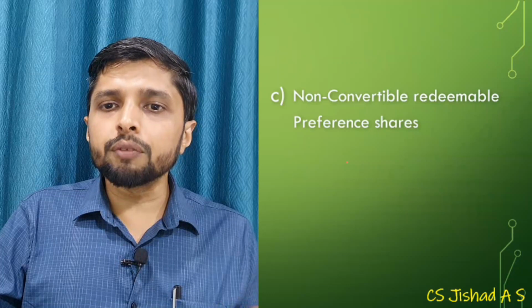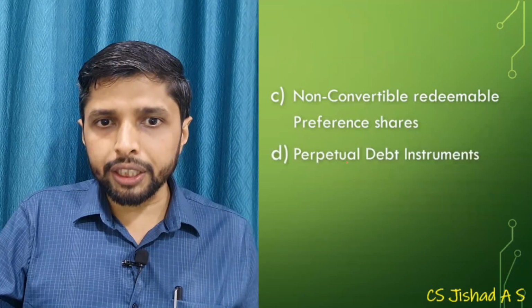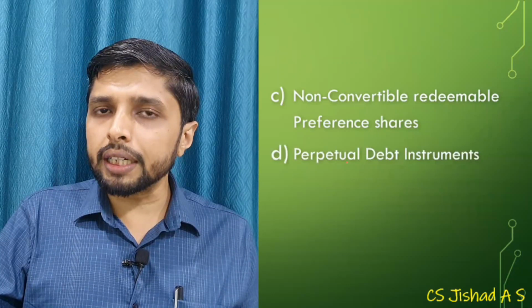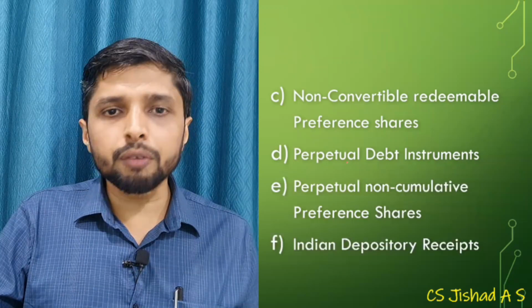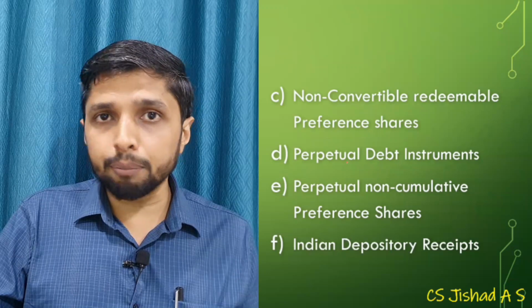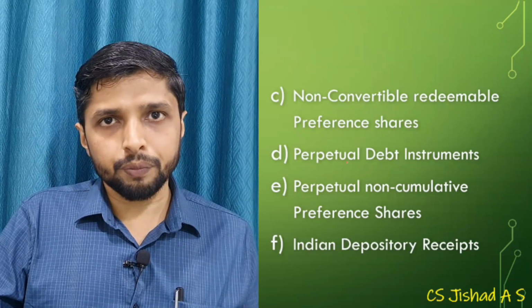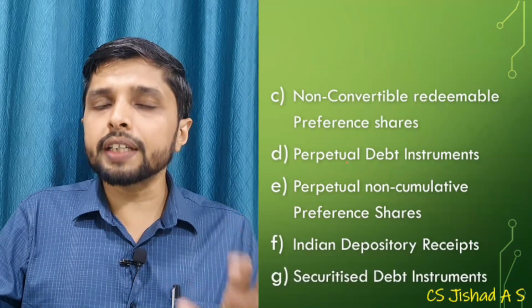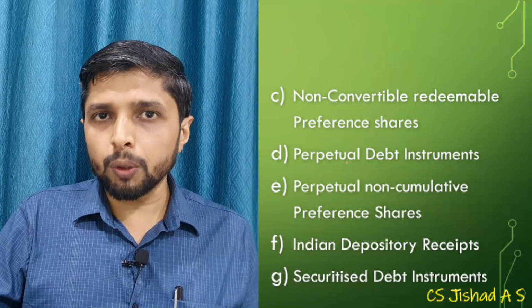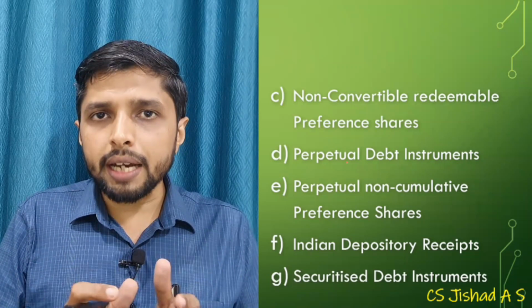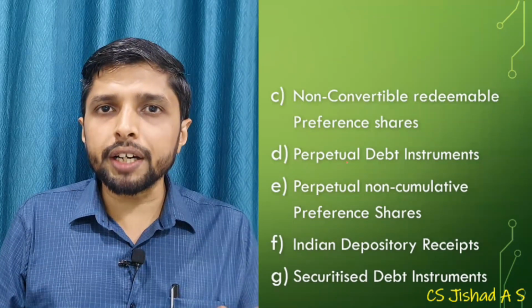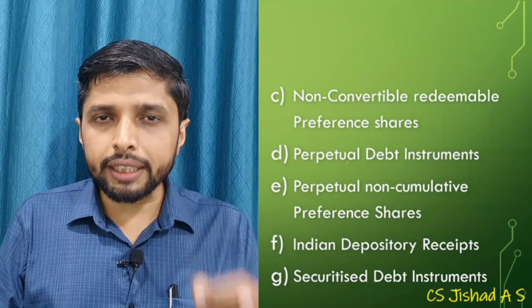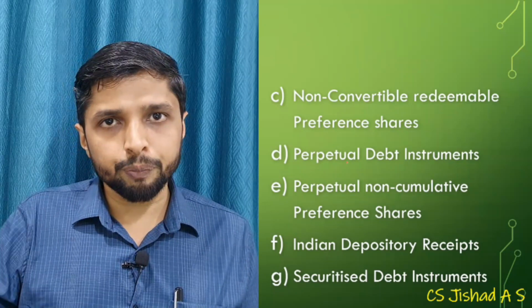Then non-convertible redeemable preference shares, perpetual debt instruments, perpetual non-cumulative preference shares, Indian depository receipts, securitized debt instruments. So LODR will be applicable for these kinds of instruments. This is specified in Regulation 3, which explains the applicability.